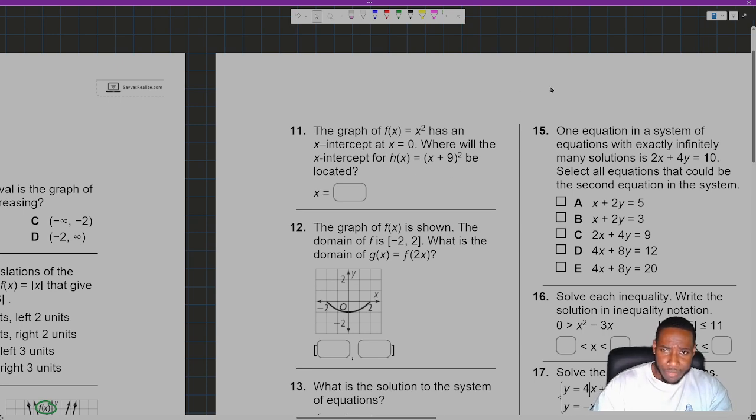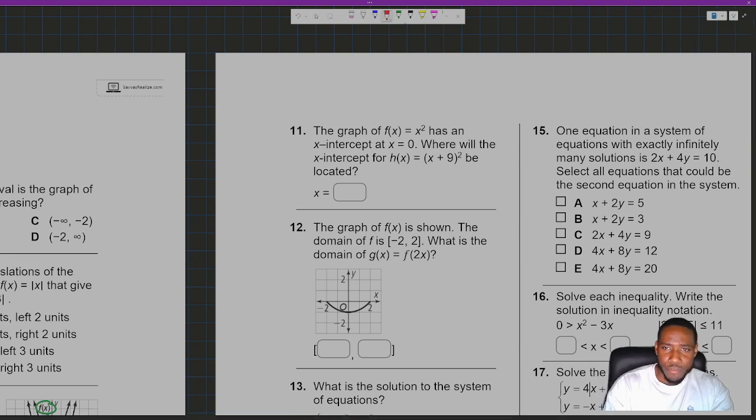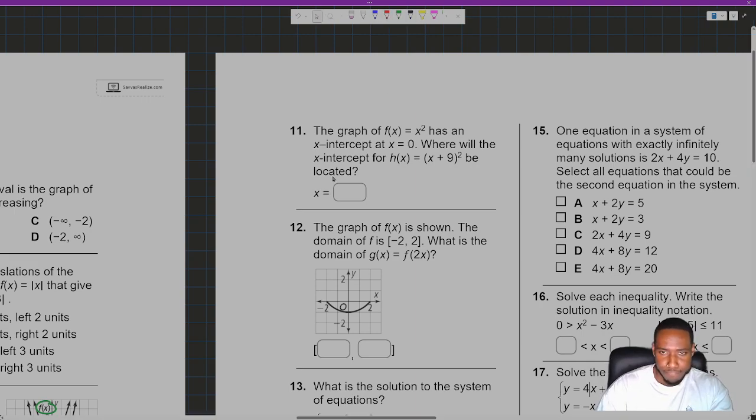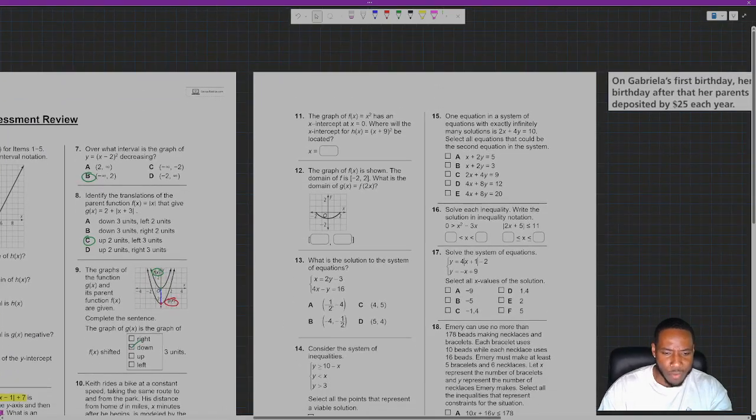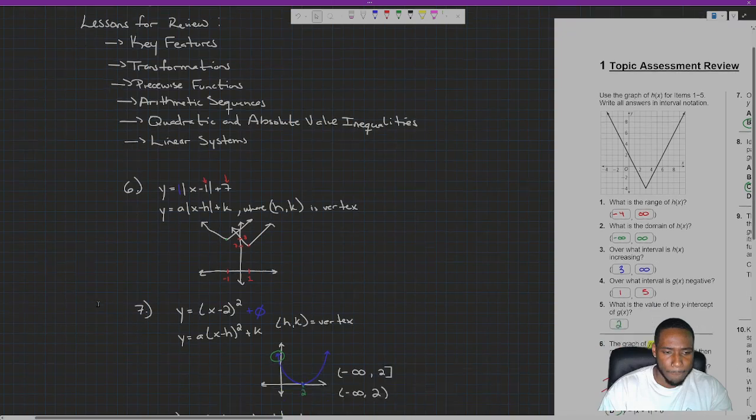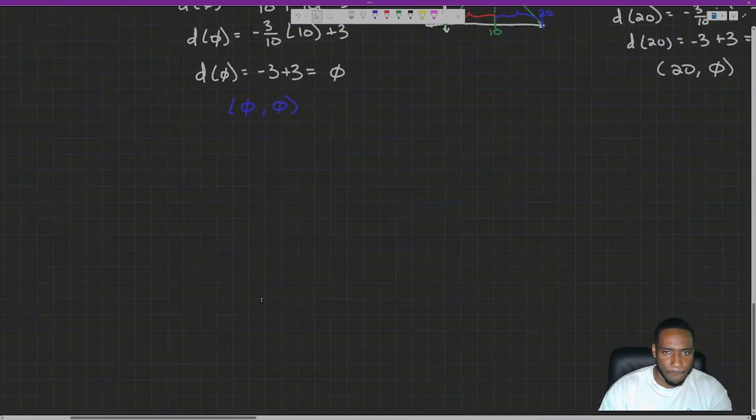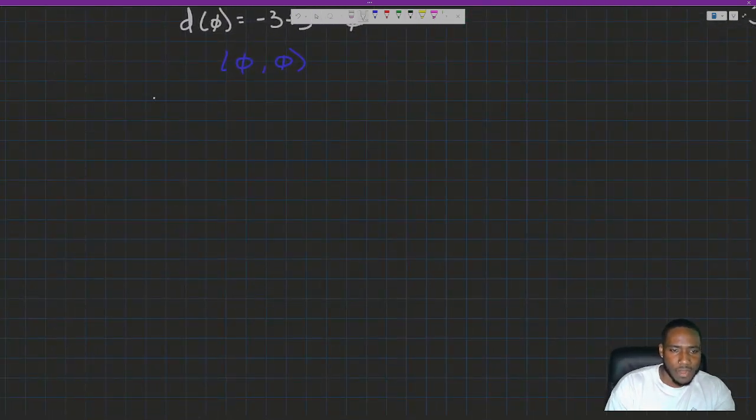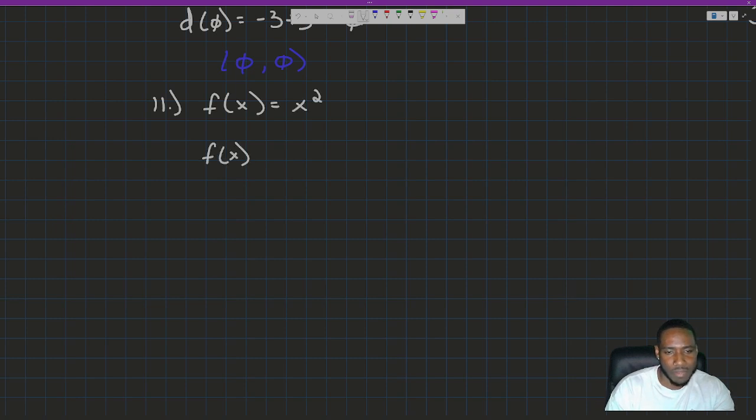So really and truly, a good trick for this one is, if we're comparing these two, they tell us we're looking at f of x equals x squared and f of x equals x plus 9 squared. Again, pay attention to what the vertex form for this top one would look like.